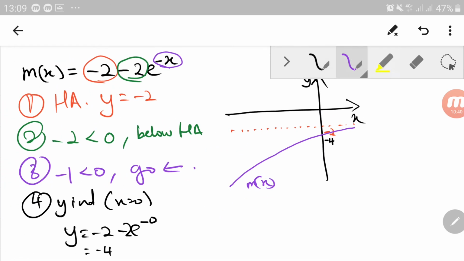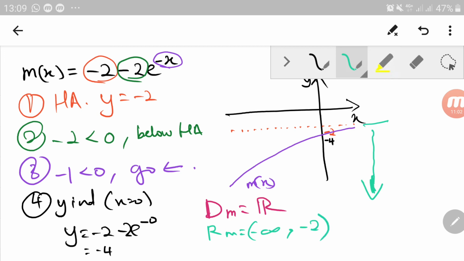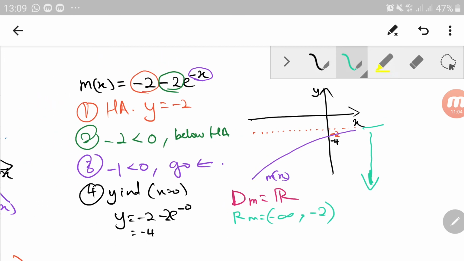So from here, let's find out the domain and range. The domain of m is the real numbers. It is the universal domain for all exponentials. And the range of m is from minus infinity, so from the bottom up until minus 2.